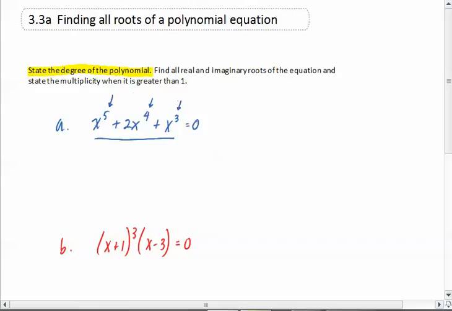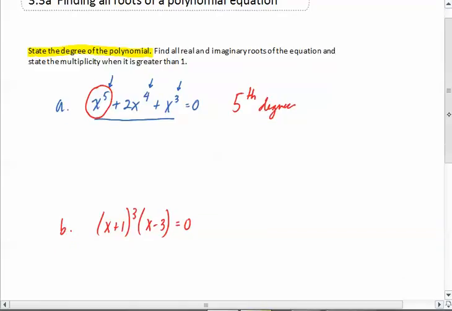So I have 5, 4, 3. That means that this right here is my leading term, and the leading term is always going to tell me my degree. So this is a 5th degree polynomial.